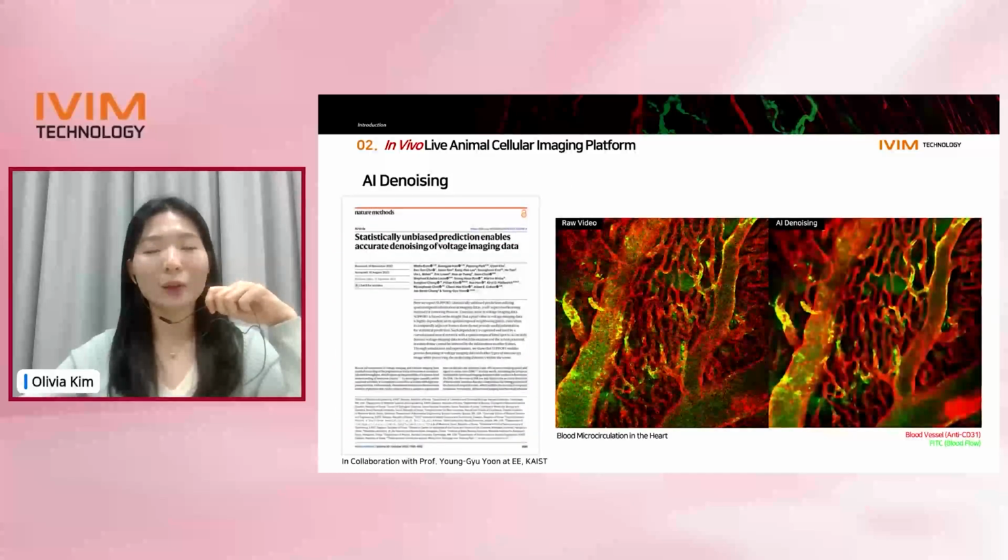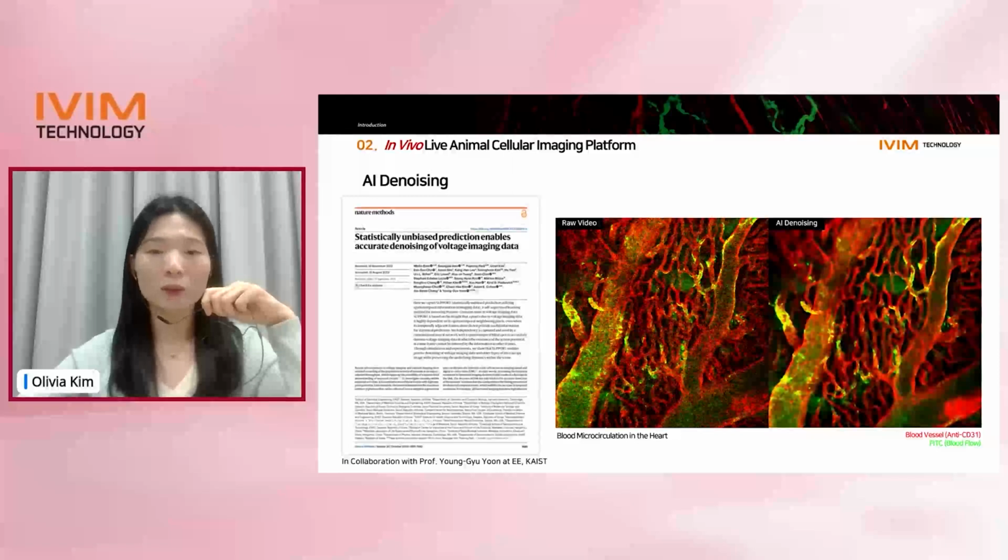The final component I would like to introduce is our AI denoising technology. When performing ultra-high-speed imaging to capture rapid dynamics, some level of signal noise is unavoidable. In particular, when imaging continuously moving signals such as blood flow, the raw data often contains substantial noise, making it difficult to use for quantitative analysis.